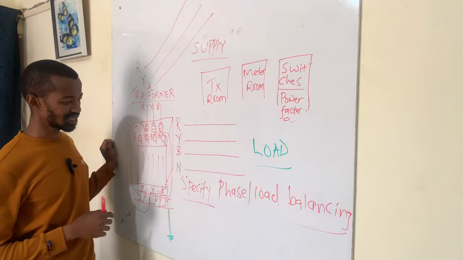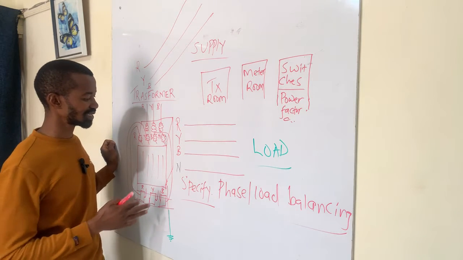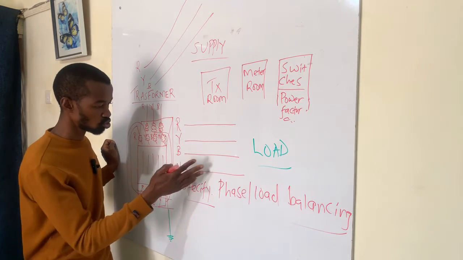So now let us get into an apartment that is supplied with the red phase, the yellow phase, the blue phase, and the neutral conductors.